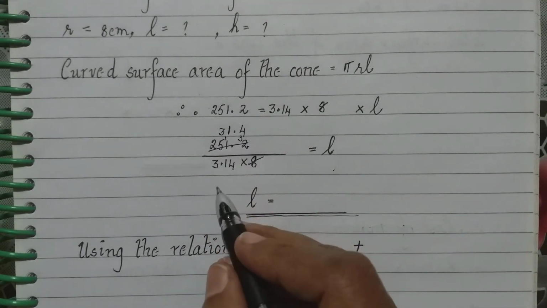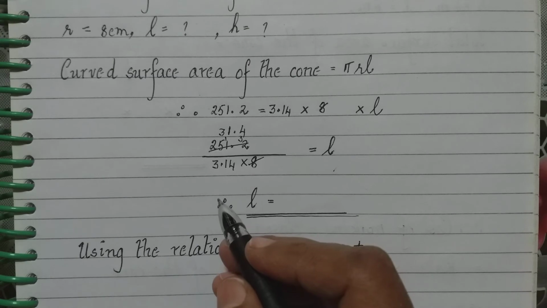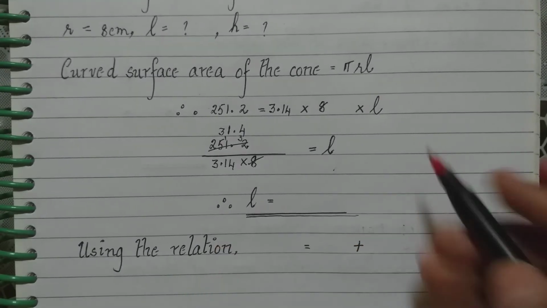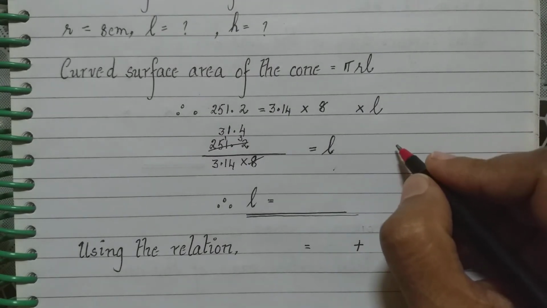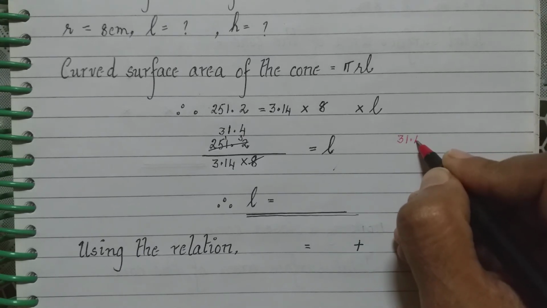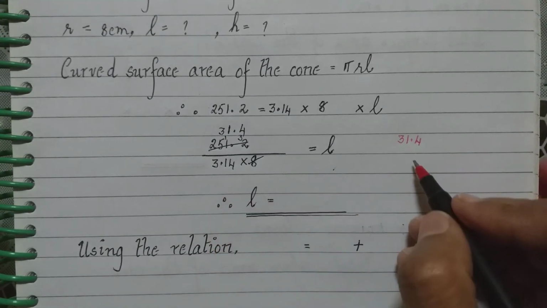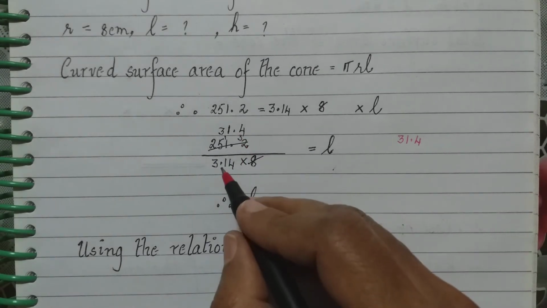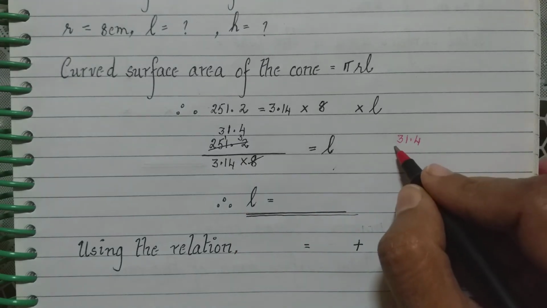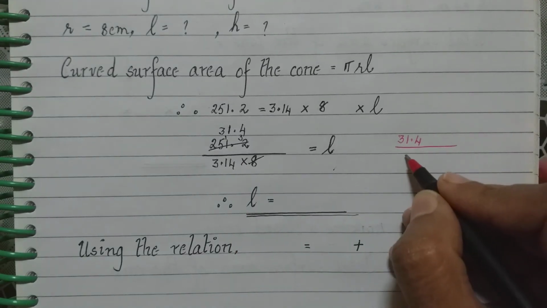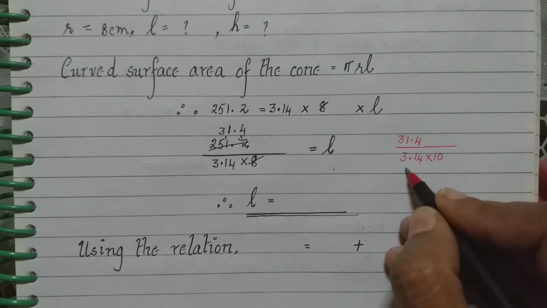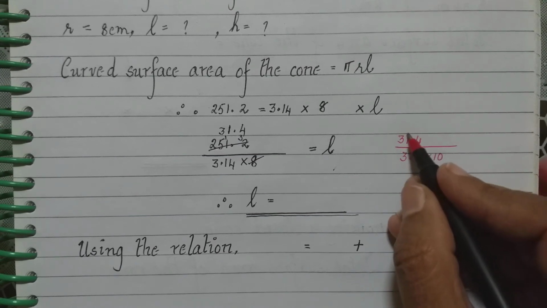If I were to simplify 31.4 upon 3.14. Here I can write 31.4 and 3.14. If it has to become 31.4, the point has to go after one place. So we have to multiply it with 10. So what will happen? It will be 3.14 into 10. Now I have written 3.14 into 10 so that it becomes 31.4.